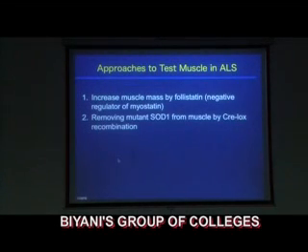So I have presented 3 independent results testing the individual cell types, and we also tested muscle and Schwann cells. For the muscle, we had 2 different approaches. One is to try to increase the muscle mass by follistatin, and the second approach is again to remove mutant SOD1 from muscle by Cre-Dox technology.